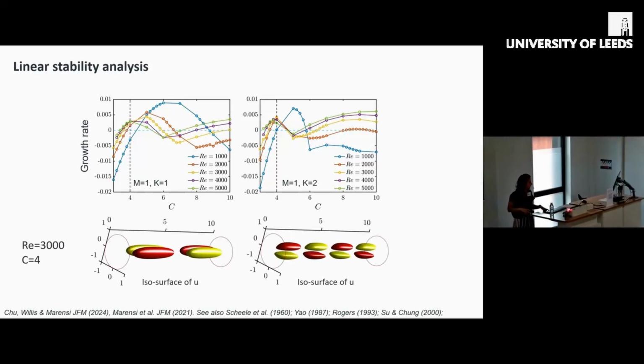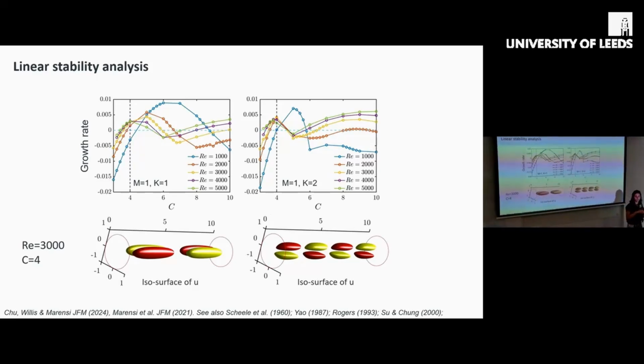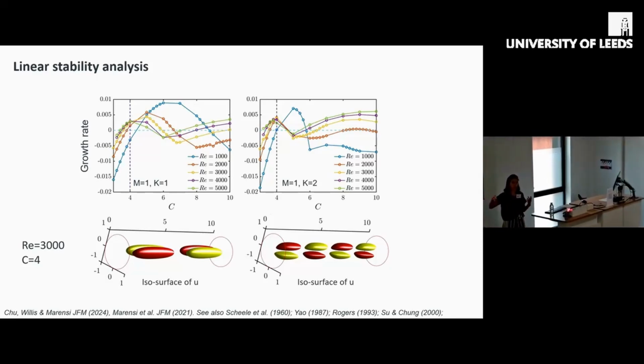So the corresponding eigenfunction looks something like this, where the disturbance is concentrated in the center or core of the pipe, consistent also with what we observed in the simulations. And we see that the linear instability appears at around C equal 4, consistent with our simulations. So it confirms that this convective turbulence enters via a linear instability.